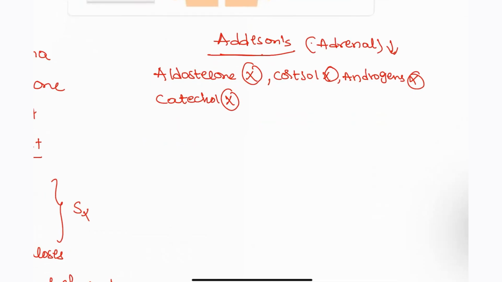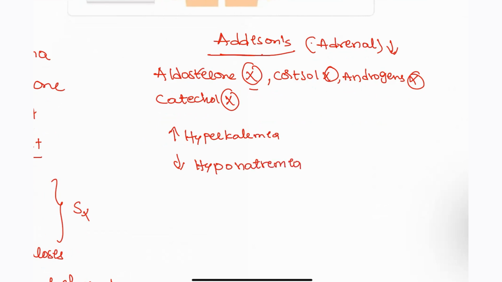What happens? Basically there will be increased hypokalemia, right? Because of the opposite mechanism, if the sodium is going to be decreased here, so sorry, hyperkalemia, guys. So opposite effect, there will be hyperkalemia and hyponatremia will be seen in this patient, right?